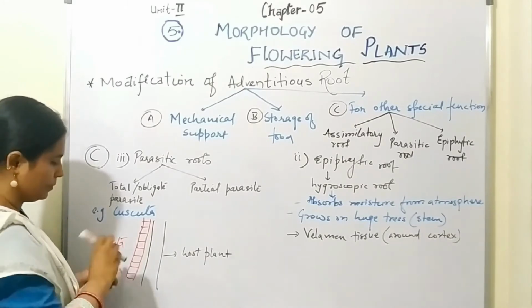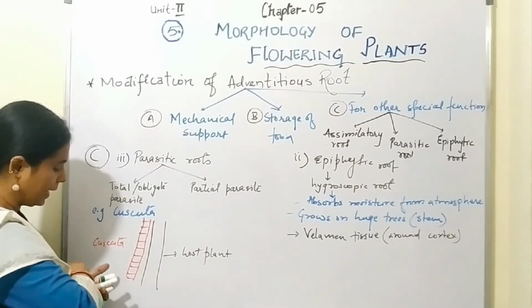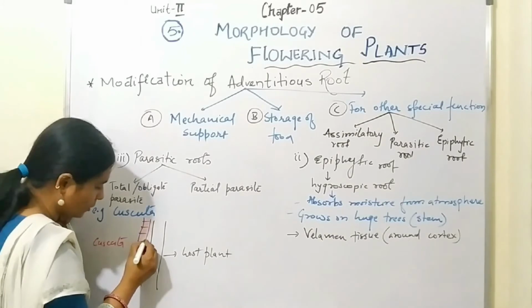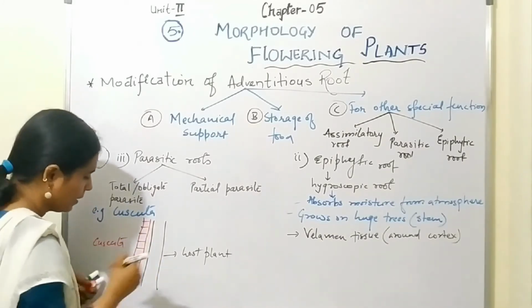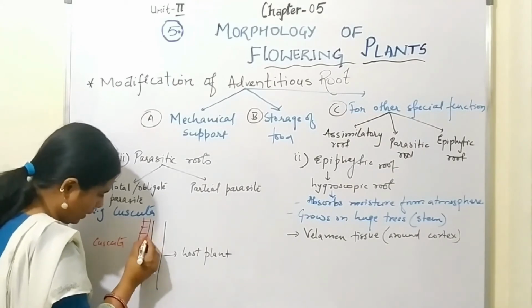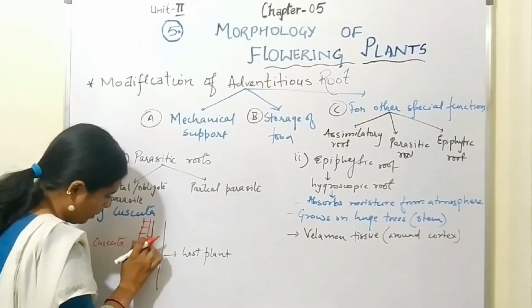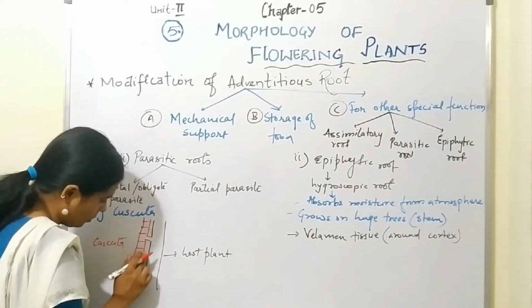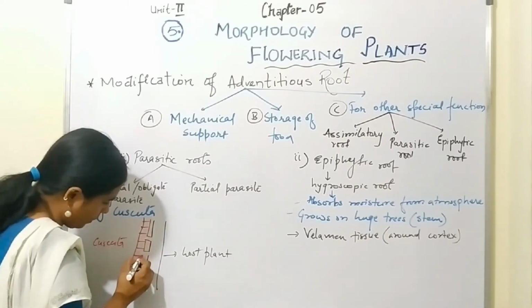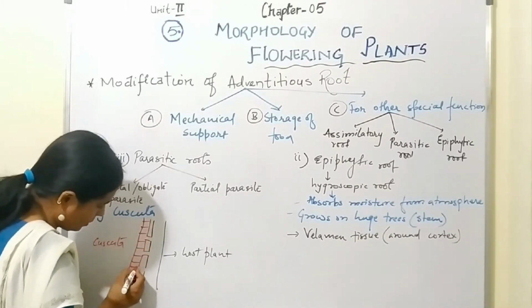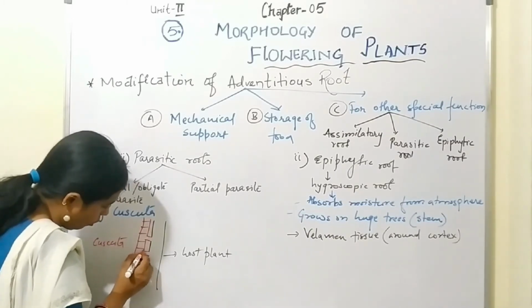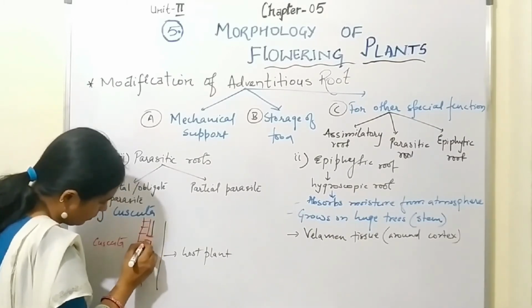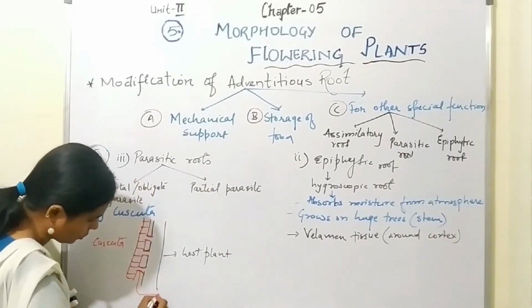This plant gets connected to the host plant through Haustoria. It is a hook-like structure like this. There will be a connection between the host and the parasitic plant, and that is called Haustoria.